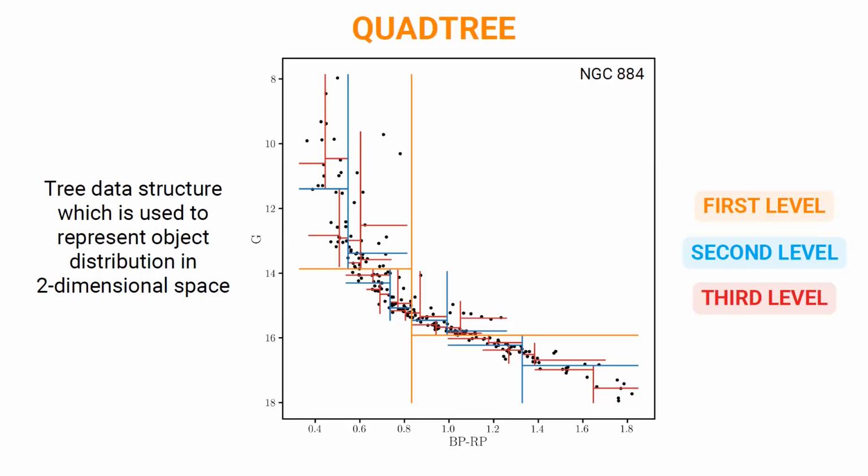So this color, BP minus RP, ranges from 0 to 6. In this case, you have only the clustering up to 1.8. So that's why the pixelization looks too poor, because they need to deal with a gigantic space of parameters, and they cannot divide it into more, because otherwise they go into complexity.